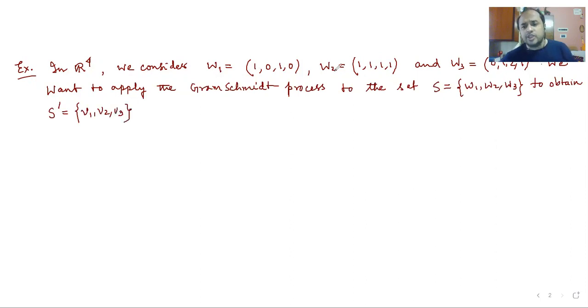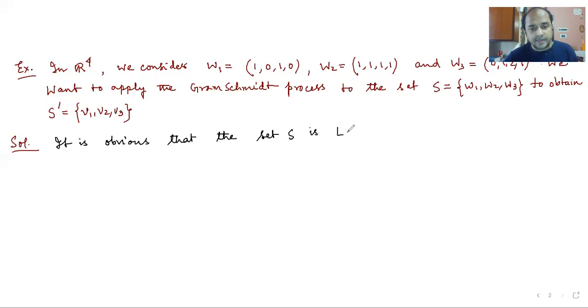You don't have to check whether it is linearly independent, but it is obvious that this set will be linearly independent. So to begin with, if the question is like this, you will write that it is obvious that the set S is linearly independent. And if you have time, you can show it very easily.